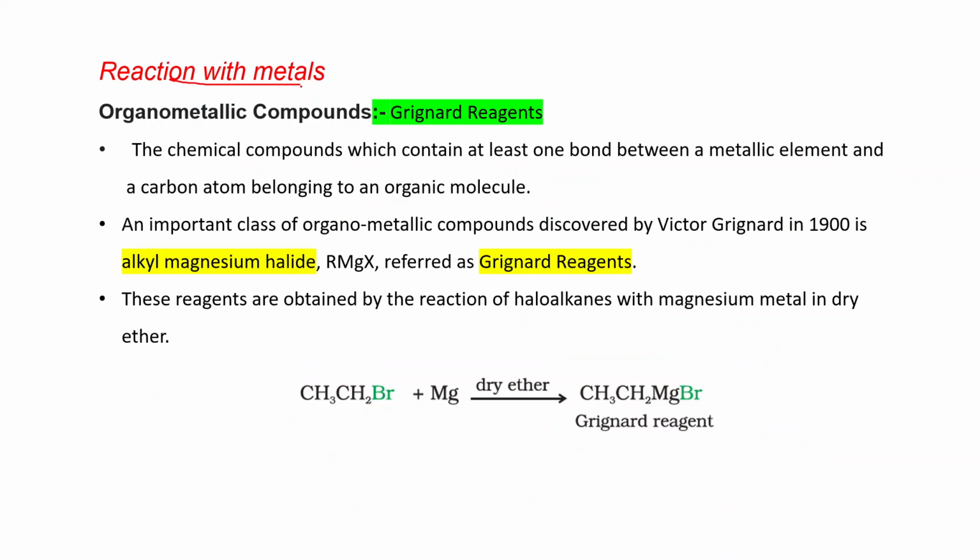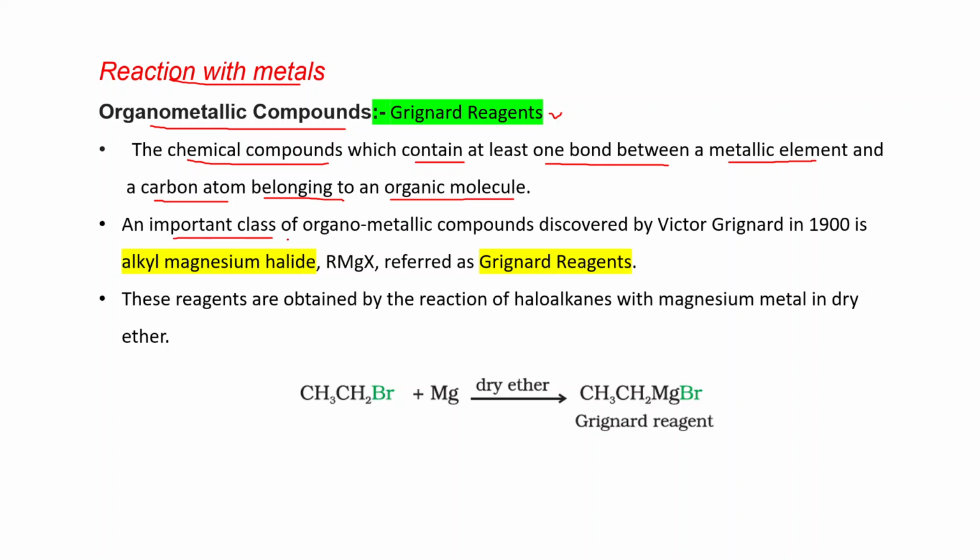Reaction with metals, organometallic compounds, and we will discuss the Grignard reagents. The chemical compounds which contain at least one bond between a metallic element and a carbon atom belonging to an organic molecule are known as organometallic compounds.